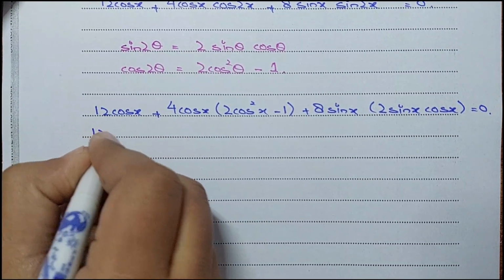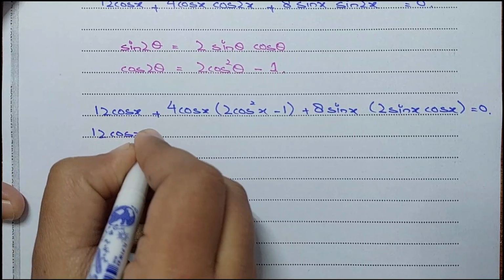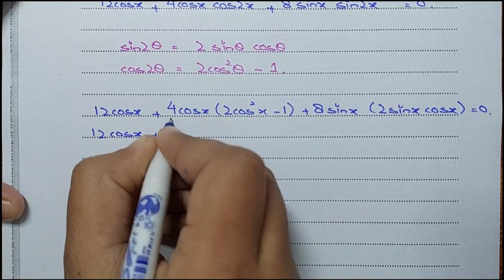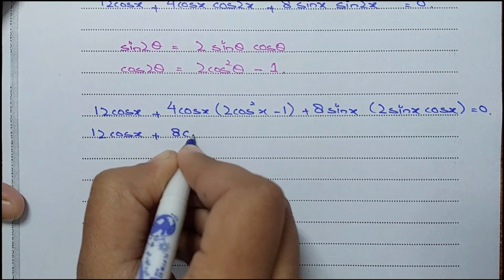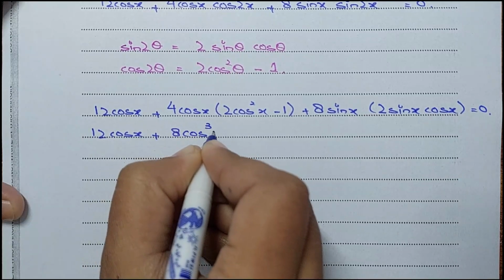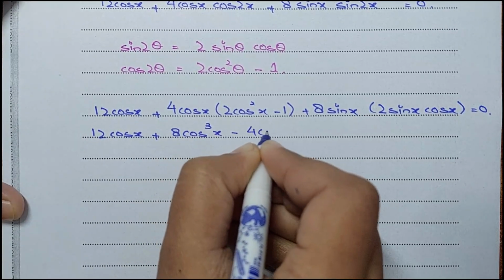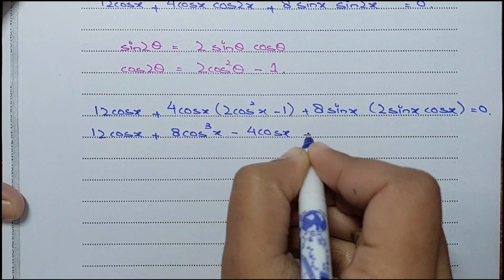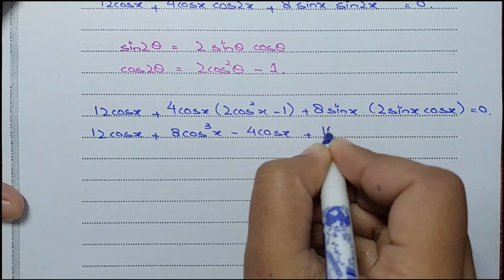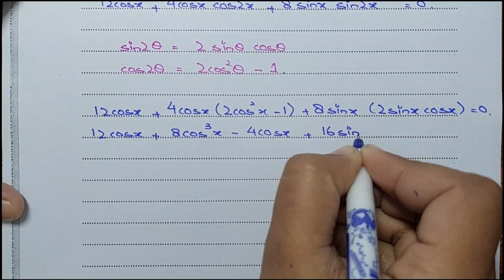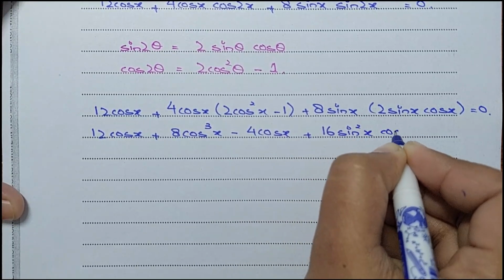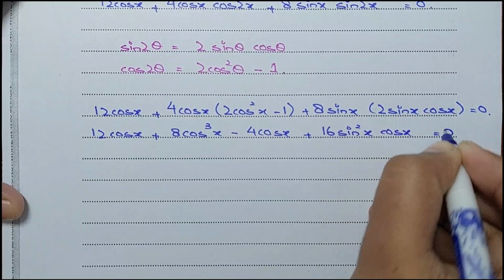It becomes 12 cos x plus 4 times 2, 8, cos into cos square is cos cube x, minus 4 cos x, plus 2 times 8 is 16 sin square x cos x equals 0.